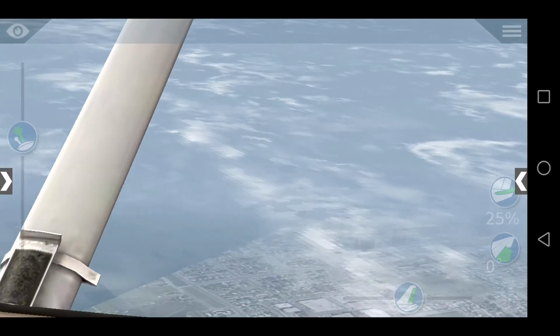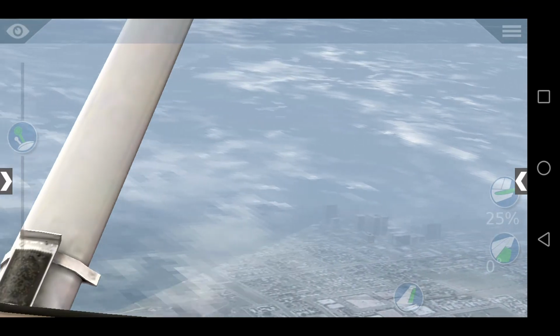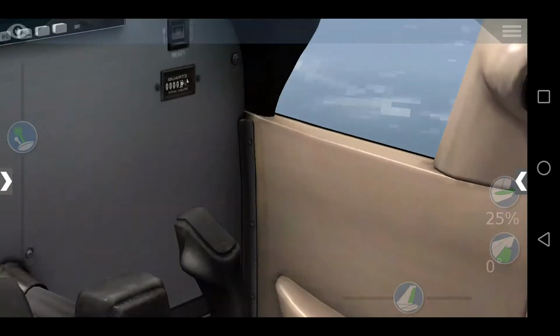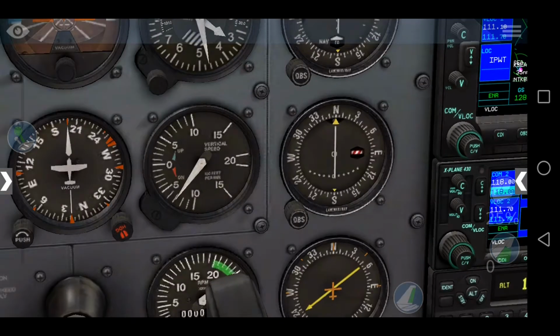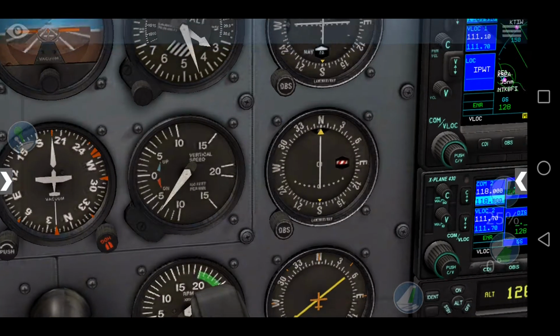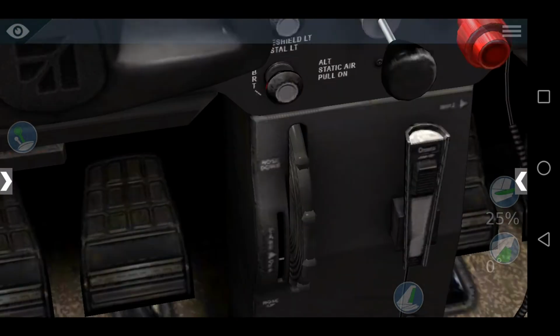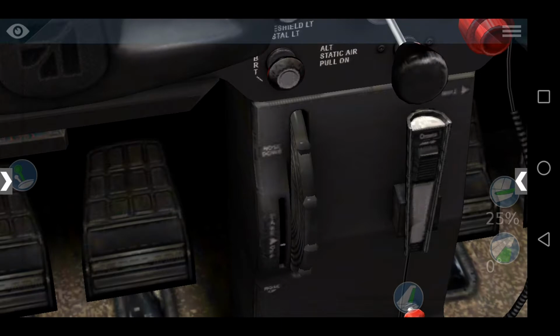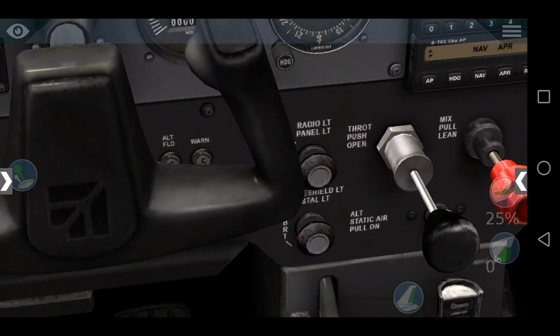There's a couple of tall buildings down there. Quite interesting to look at as well. Now, one thing I need to monitor is my speed. I'm close to 128 knots, which is a bit high, so I need to pull back on my throttle and allow the aircraft to slow down.